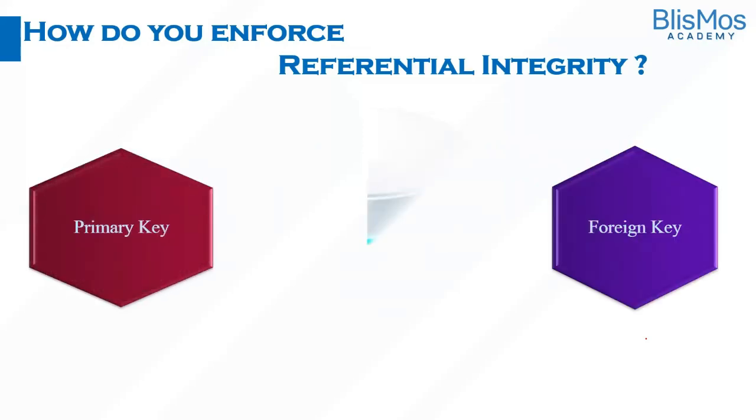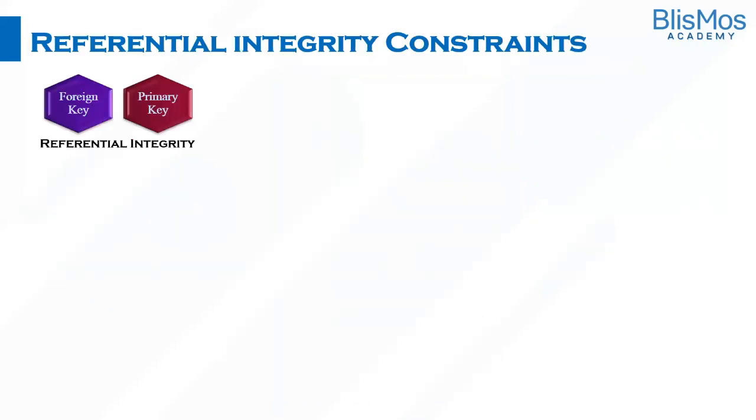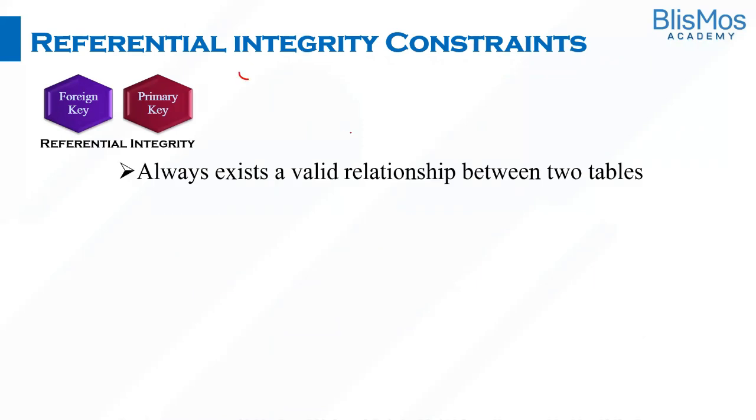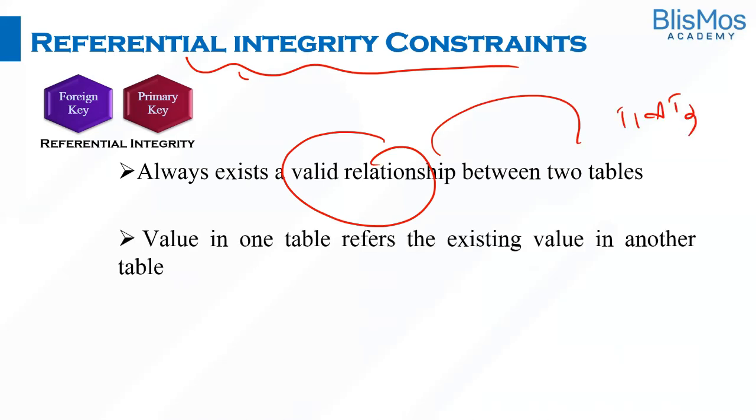Referential integrity can be enforced by a combination of primary key and foreign key. It also ensures that as a part of the referential integrity constraints, there is always a valid relationship between the two tables, and a value in one table refers to an existing value in another table.